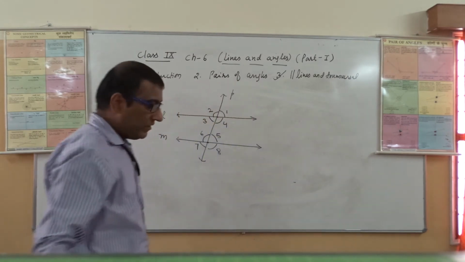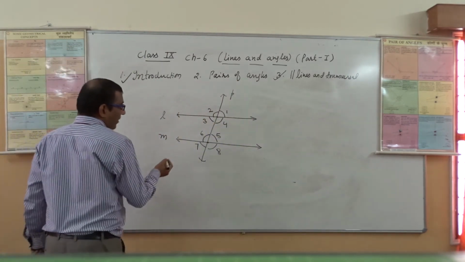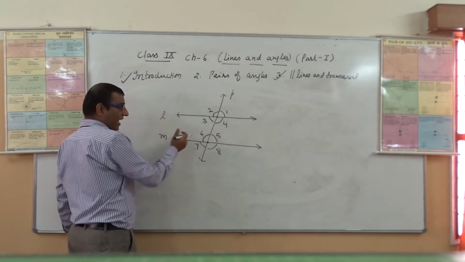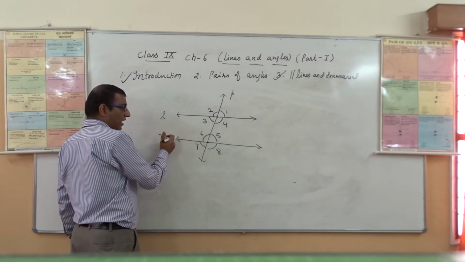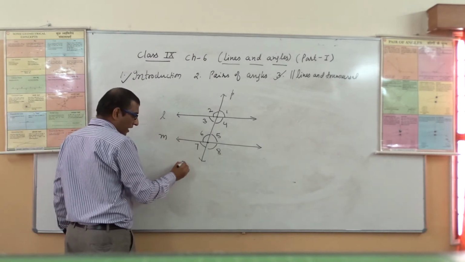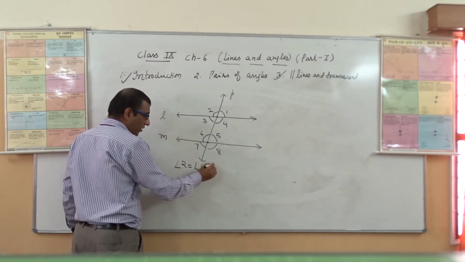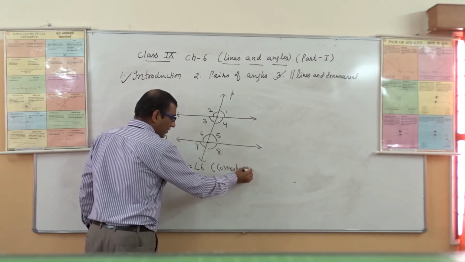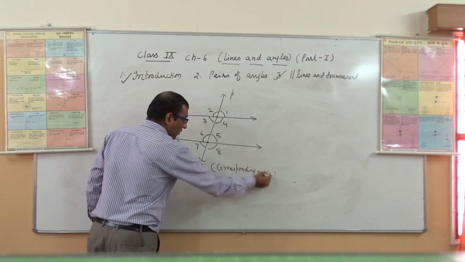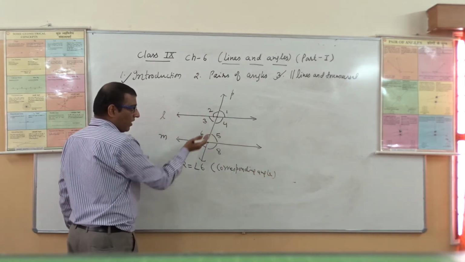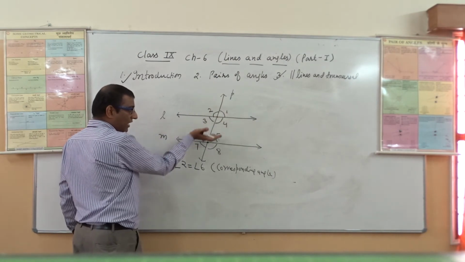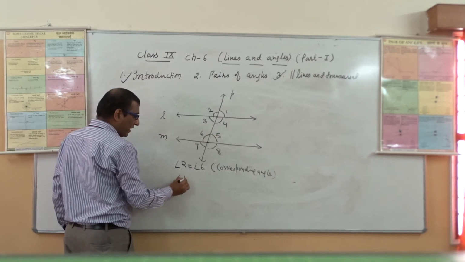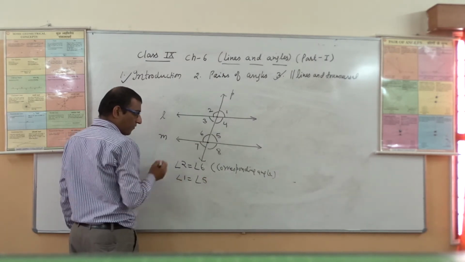As you see here, angle 2 lies above the line L, and angle 6 lies above the line M. So we can say angle 2 equals angle 6 due to corresponding angles. Same on the right hand side, angle 1 lies above the line L and angle 5 also lies above the line M. So angle 1 equals angle 5.